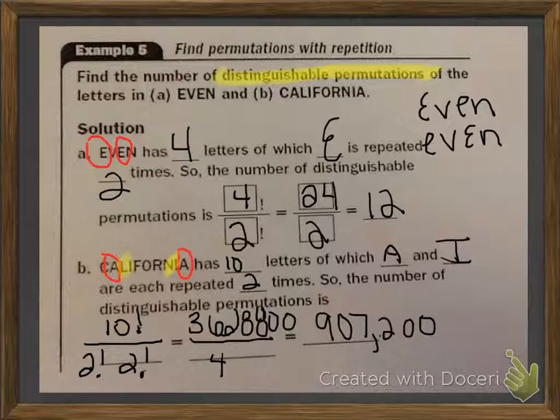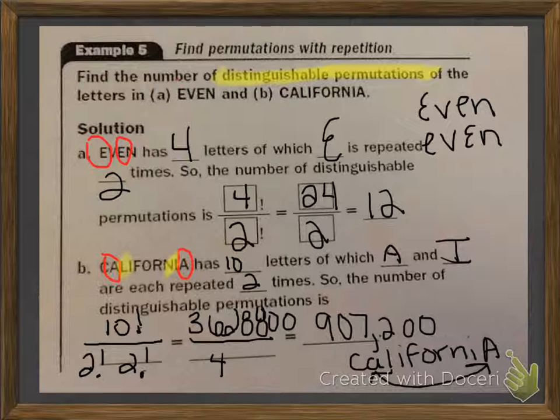Okay. If I wanted to give you an example here of a distinguishable permutation for California, again, I could switch the A's here and put the capital A where the lowercase a is and the lowercase a where the capital A is.